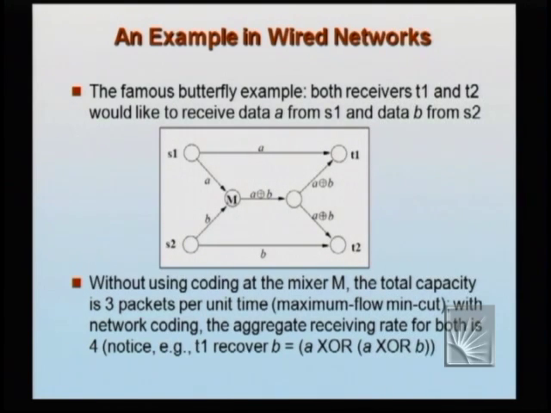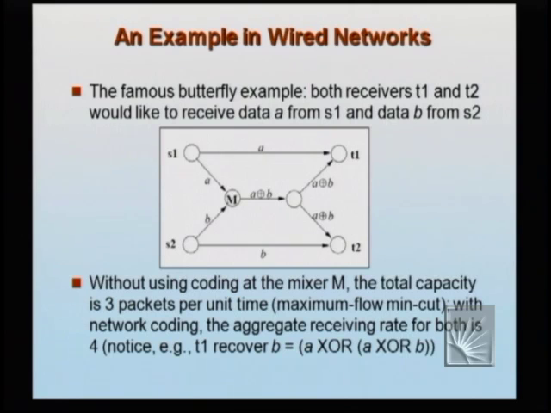But if we send A XOR B together in a single packet, now this node has A XOR B, so it can send A XOR B to both receivers.